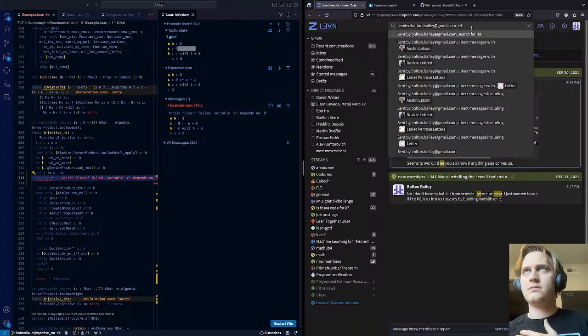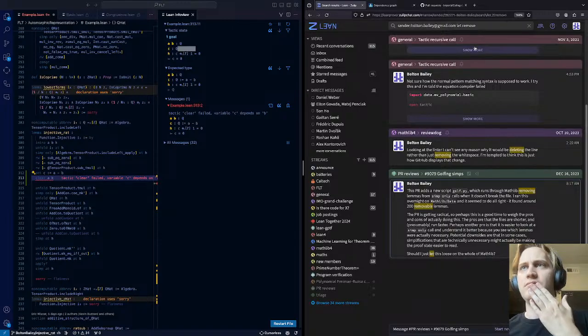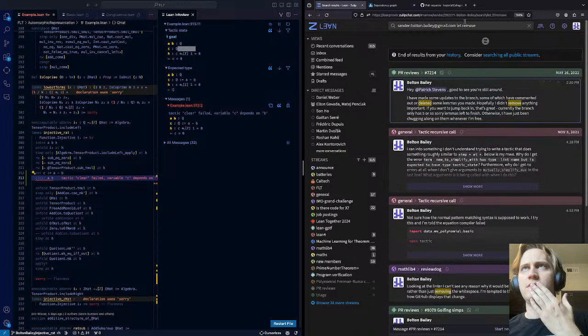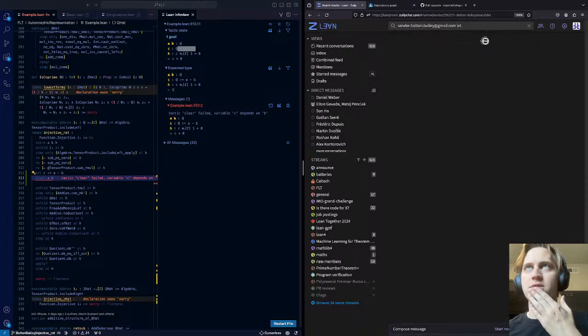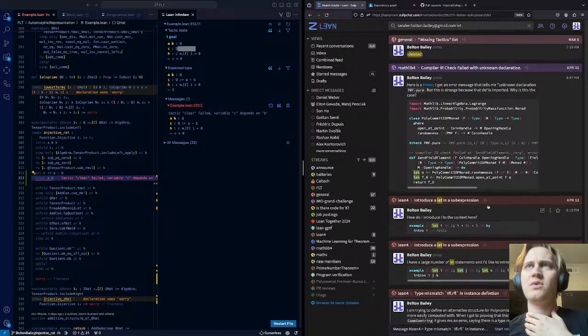Let, remove, introduce let in a sub-expression. That's not quite what I want.